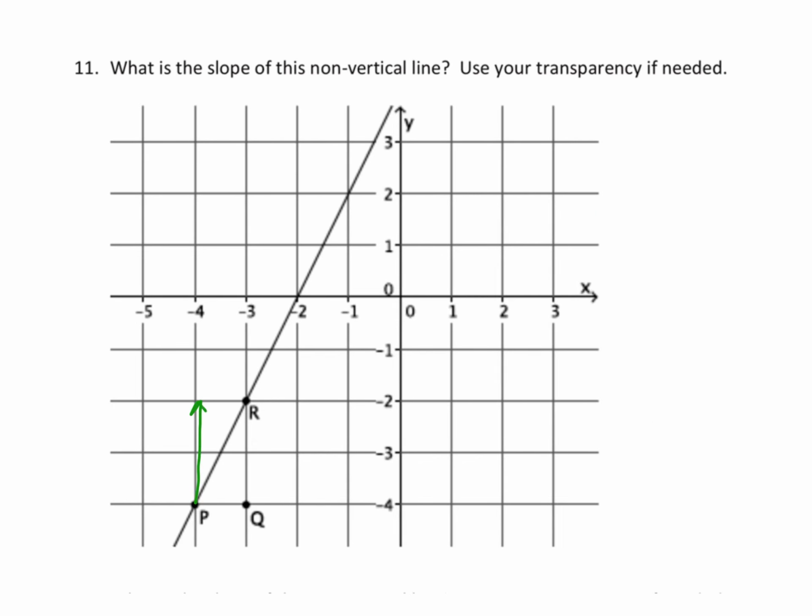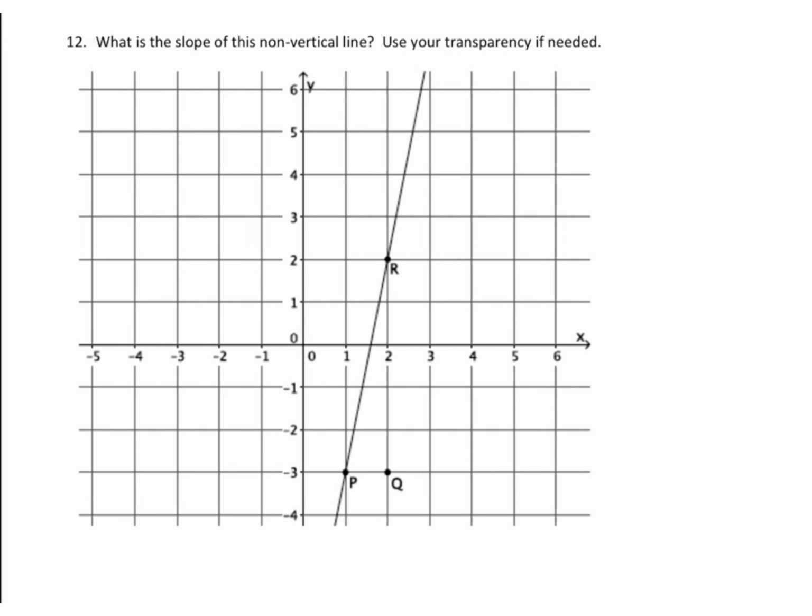I move up and then over. Up 2, over 1. Reduce the fraction and you have a slope of positive 2. Starting from the left, heading towards the right, I have to go up by 1, 2, 3, 4, 5, and over 1. 5 divided by 1 is 5.